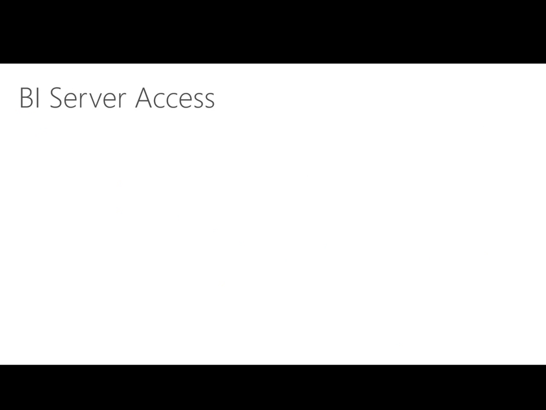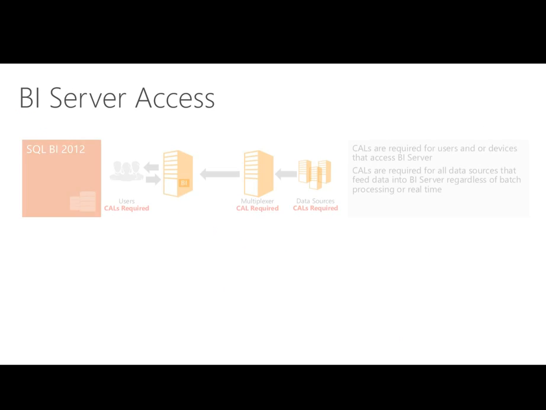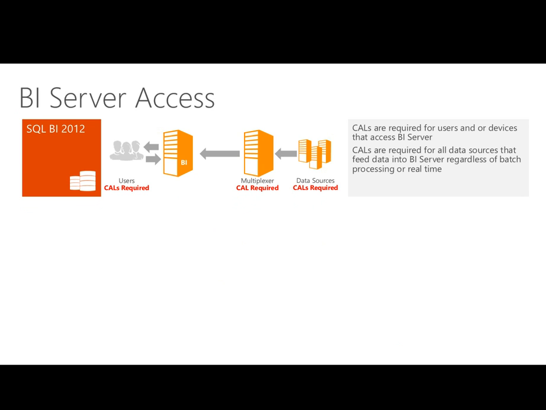So for BI server access and multiplexing, the changes before, with SQL Server BI 2012, the multiplexer requires a client access license. So CALs are required for all data sources that fed data into the BI server, regardless of batch processing or real time.